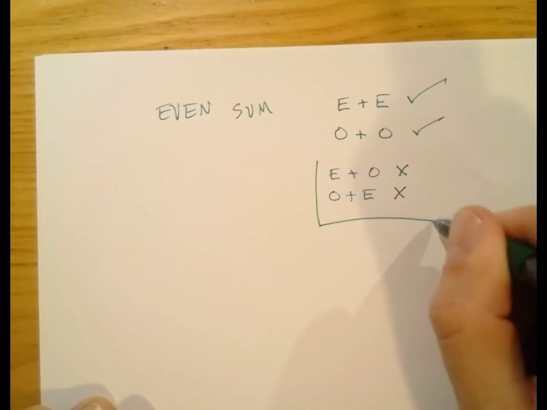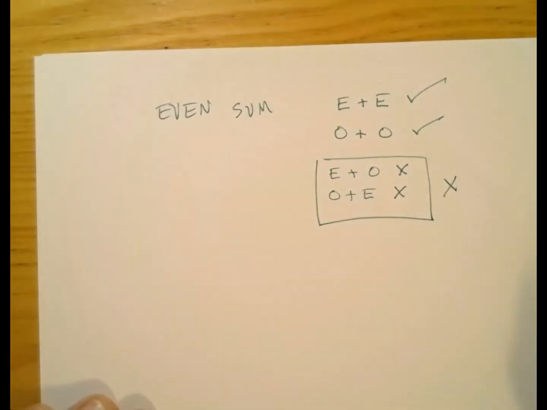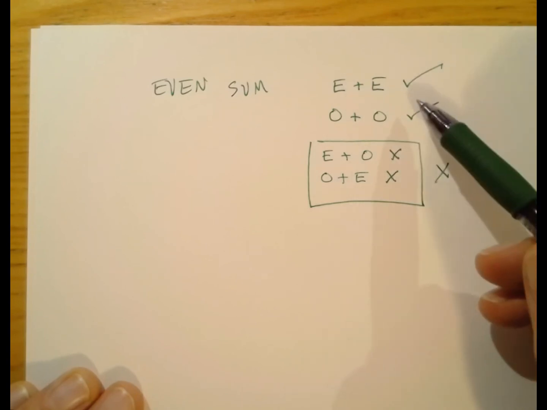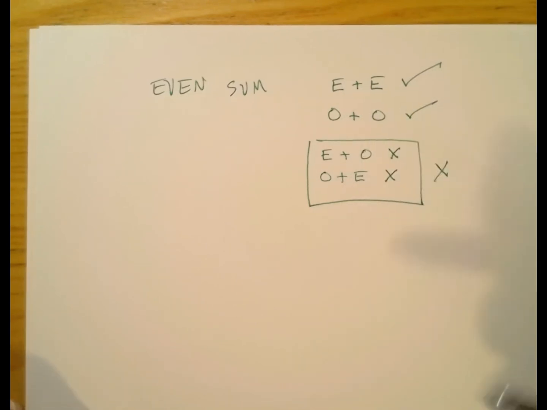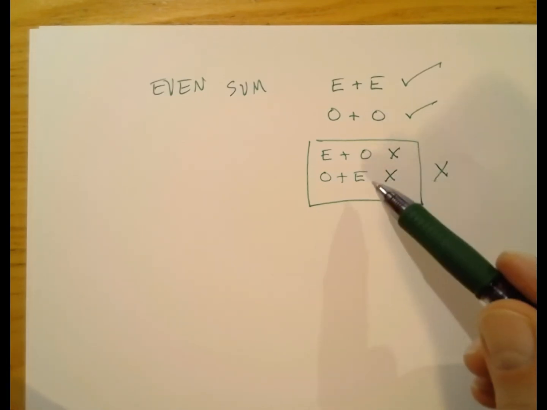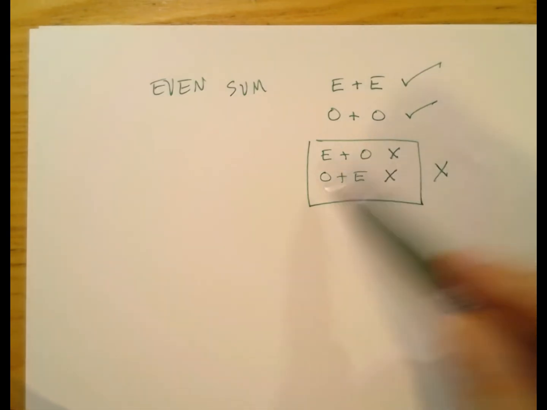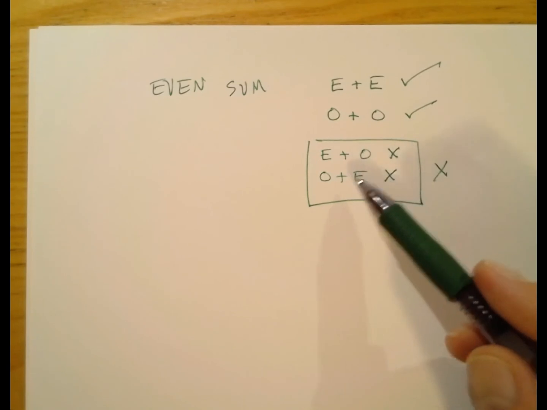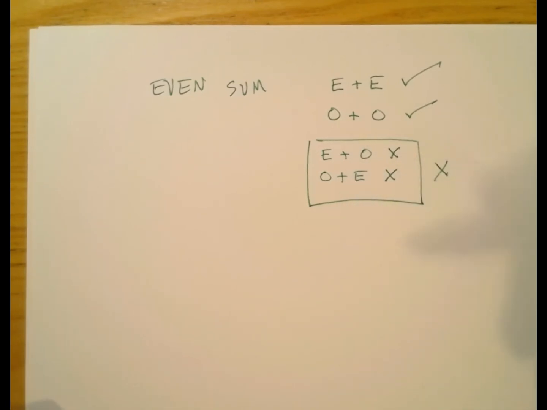So to get the sum even, there's only two ways that you can do that, is if you have two even numbers when you roll the dice, or two odd numbers. You add two even numbers, you get another even number. You add two odd numbers, you get an even number. You can't roll one even and one odd. If you add those two together, then you get an odd sum.